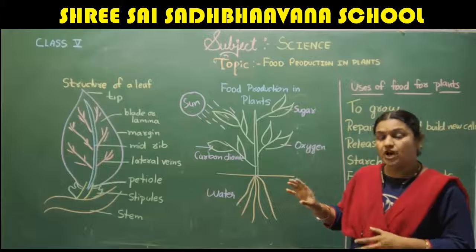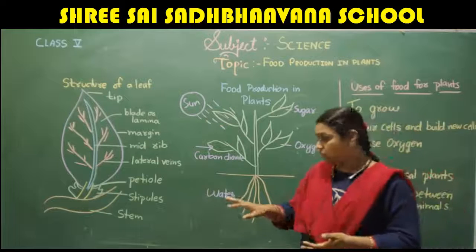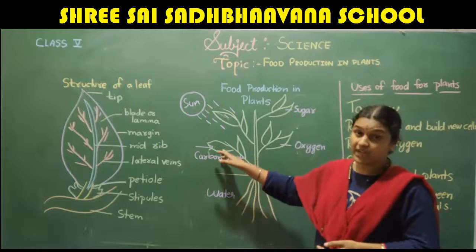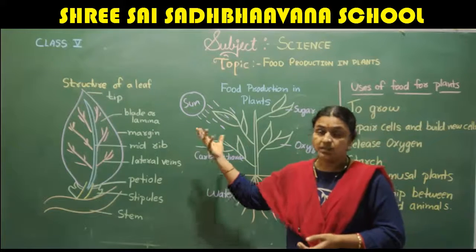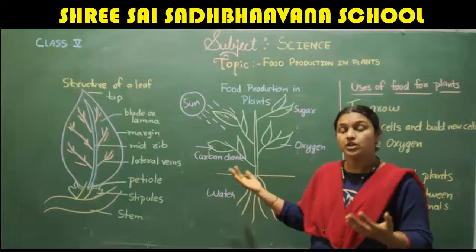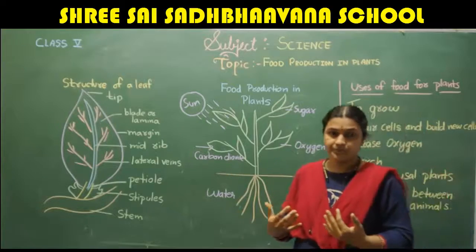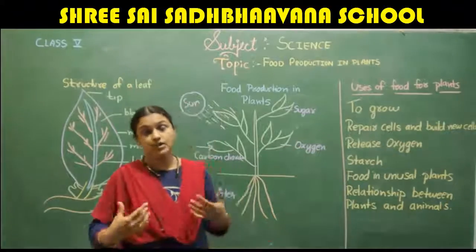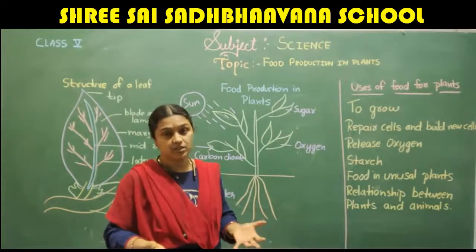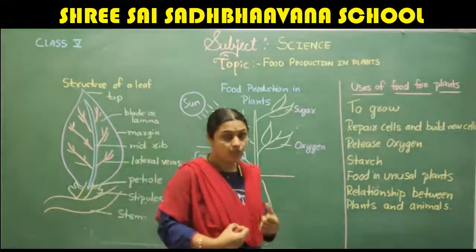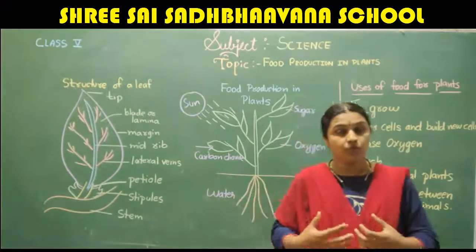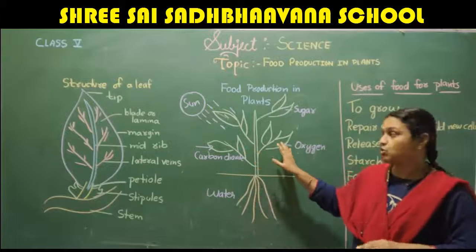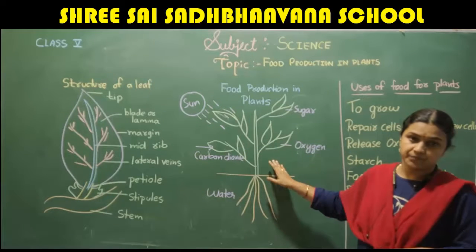So this starch is stored in the roots, the stem, the leaf, the fruits, the vegetables, which we people consume. By consuming these, we get energy, we get good nutrients, proteins. So this is how we human beings consume the food which has good starch in it that has been stored by the plant.